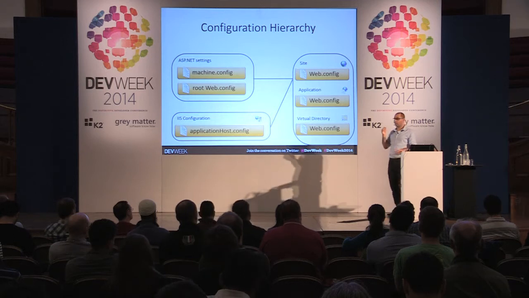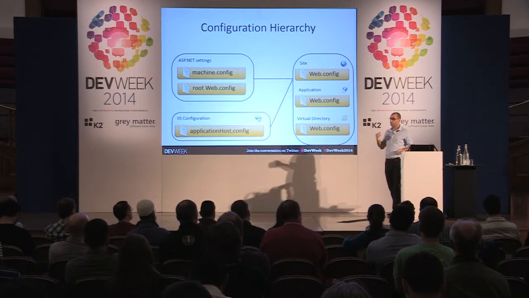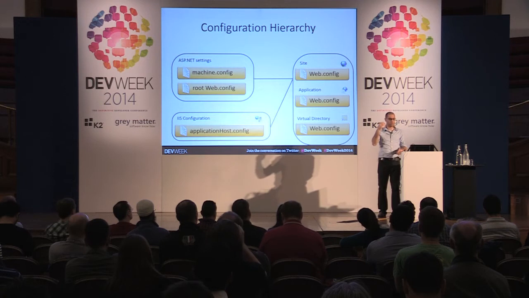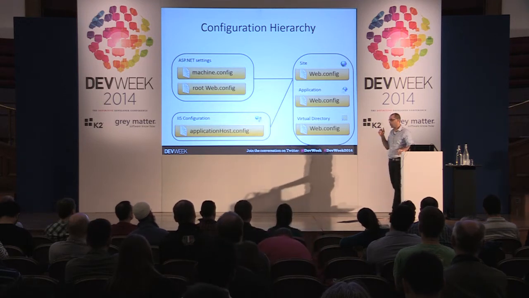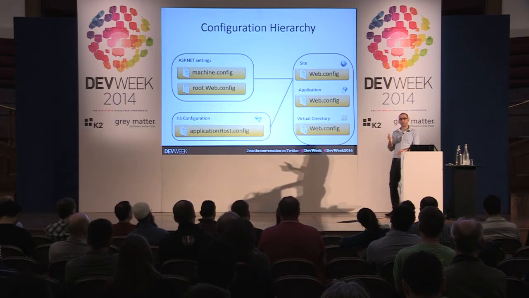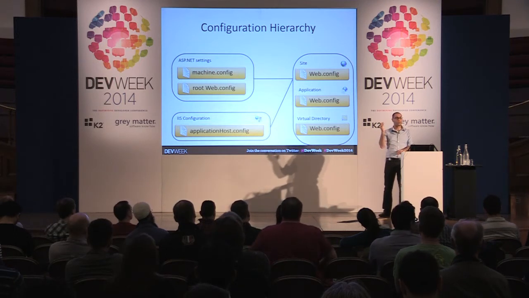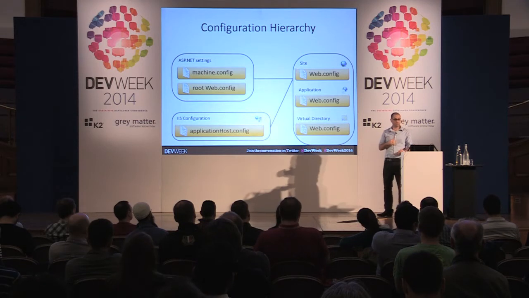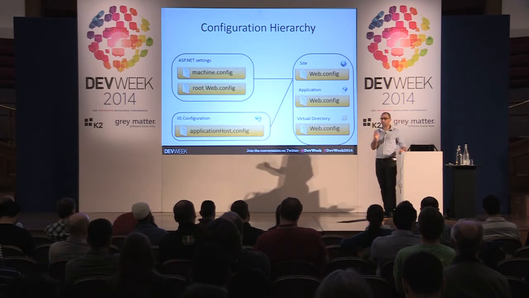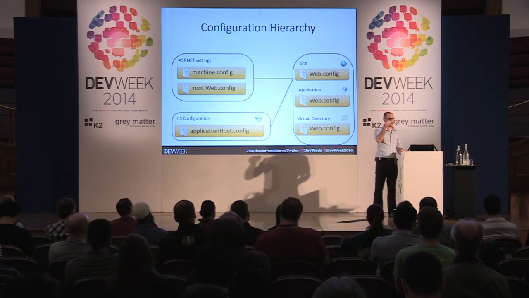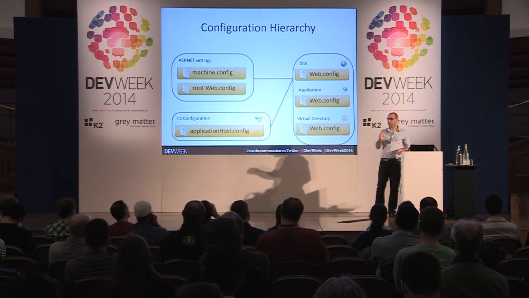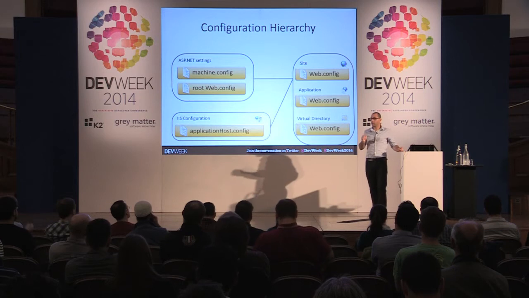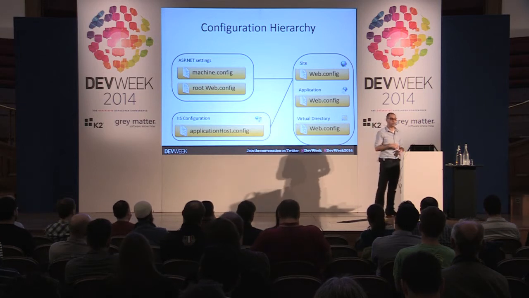Stuff like whether to turn on compression or not, whether to use failed request tracing, a feature we'll learn about in a while, which URL rewrites to use. Those things that in IIS 6 we used to do manually in the configuration user interface, and usually it was only available for IT pros, now we can actually do it in our own web applications.